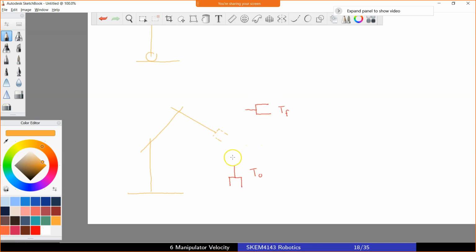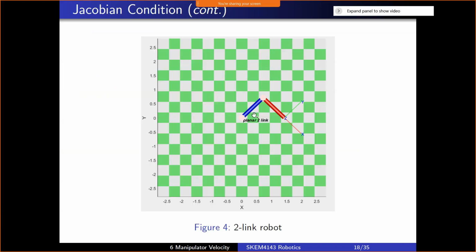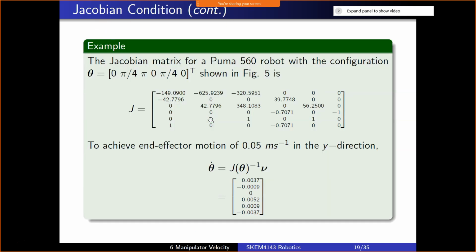But now in chapter 6, we can make sure the end effector moves in a straight line if we want. Okay? So I hope you can see the benefit of having the inverse Jacobian or using the Jacobian condition. Okay, let's move on, alright?